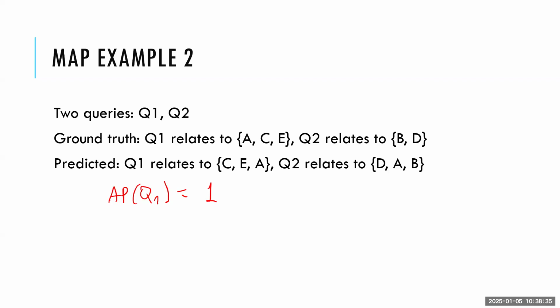The MAP score only cares about having many relevant documents at the top of the list. That is all it cares about. The ordering doesn't matter. You can swap A, C, E in any order and it's going to have the same score. So to have a high MAP score, it means that your ranking model actually puts a lot of relevant documents at the top of the list. That's all that matters. And what about Q2?